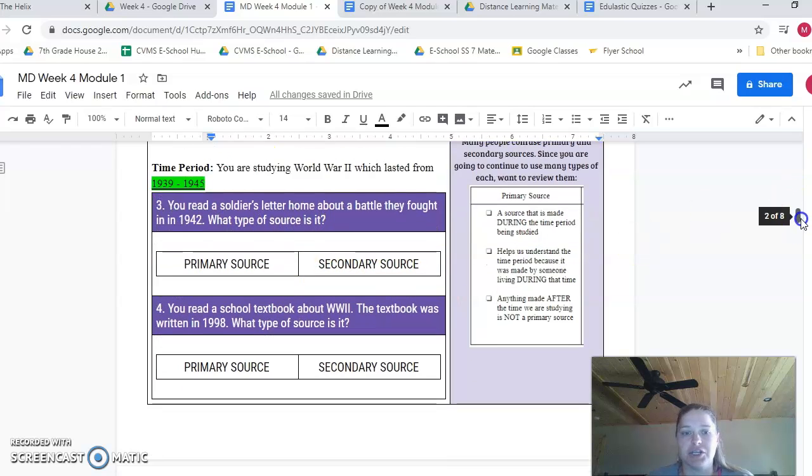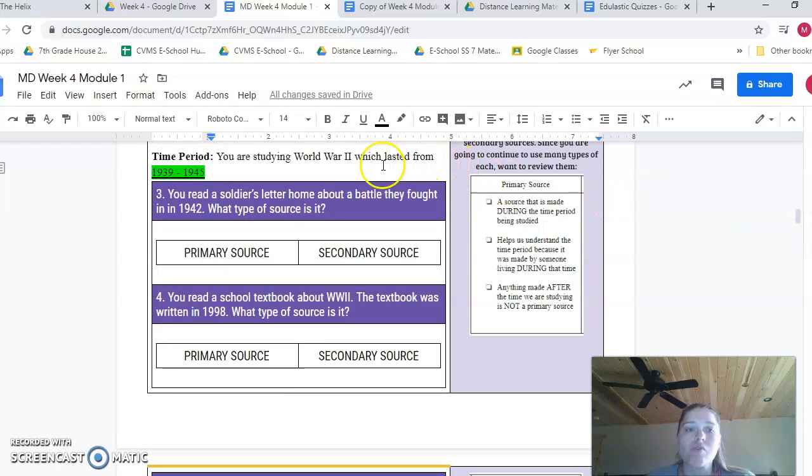You have 3 of them to do. All 3 of them are about World War II, so know that the time period you are studying, World War II, lasted from 1939 to 1945. Let's do 3 together, and then you'll do 4 and 5 on your own. You read a soldier's letter home about a battle they fought in 1942. What type of source is this? Did this person write it at the time of World War II?